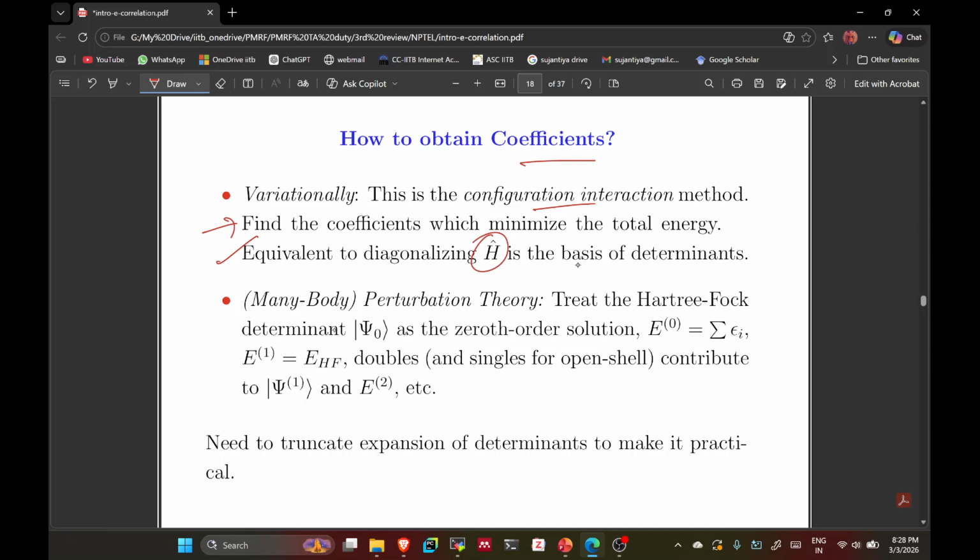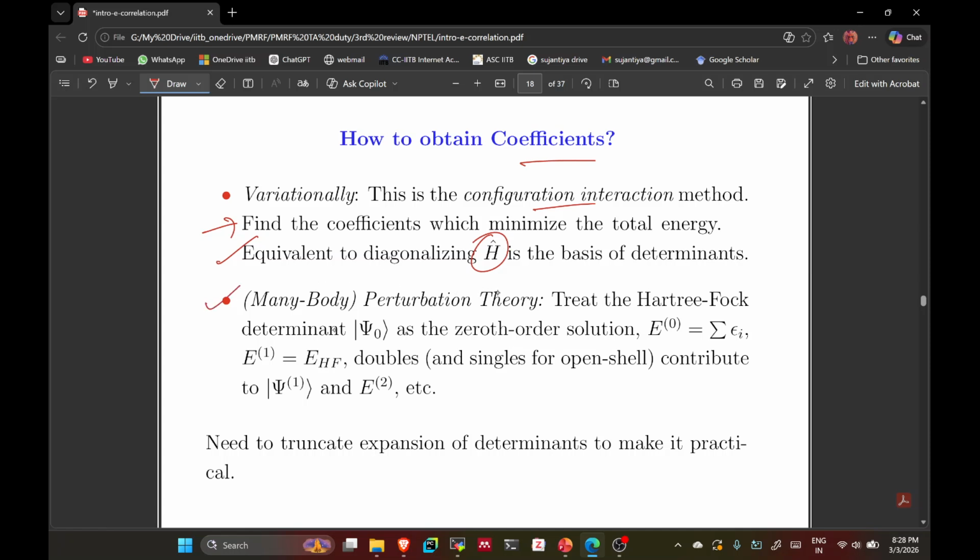That can be proved. So this is your home task: try to prove that if you minimize the energy variationally and if you diagonalize the Hamiltonian in that basis set, the two sets of coefficients are the same, right?